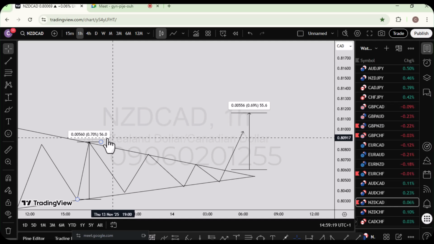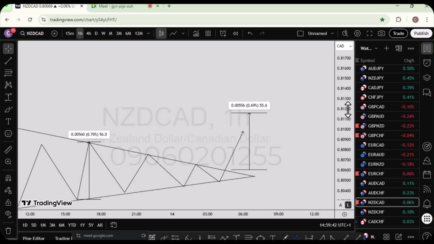10 pipettes make 1 pip. So if your broker gives you points, it means your broker is calculating pipettes in their calculation. If you cannot see points on your chart, it means your broker is not offering you pipette calculation. On this currency pair, we have 1, 2, 3, 4, 5 numbers after our decimal, so the 5th number is our pipette.